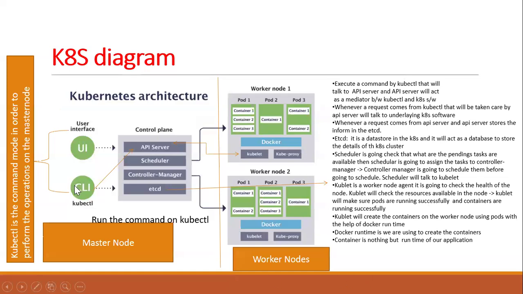When we use kubectl, it will talk to the API server, and the API server will talk to the kubelet. This is the master node, and this is the worker node. So what is the master node doing?